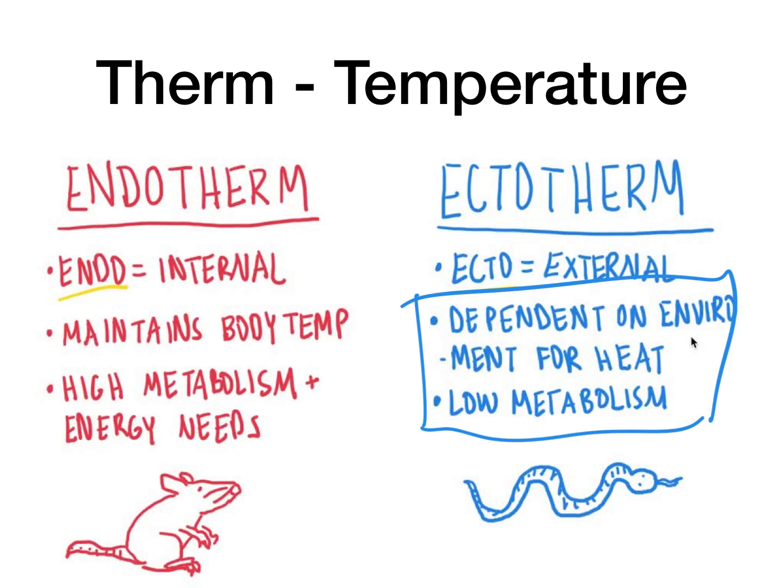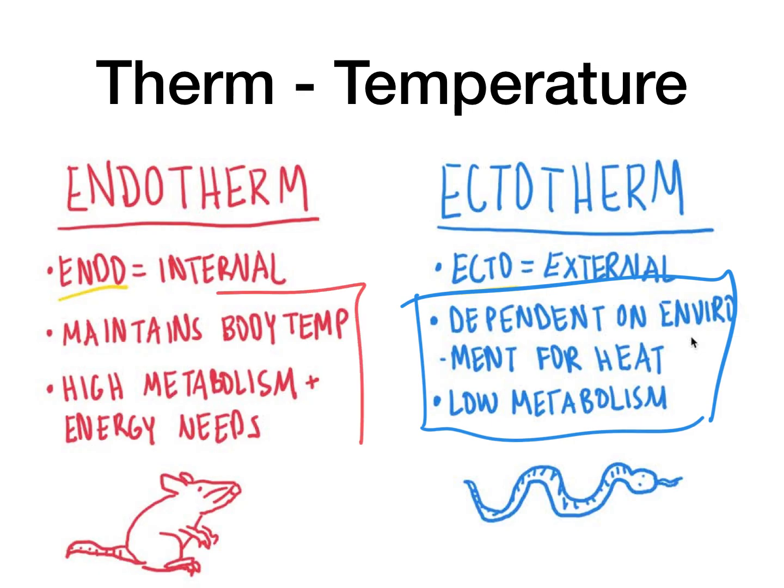You have a low metabolism, meaning you don't burn a lot of energy. You don't need a lot of calories. But you have to rely on the environment for your body temperature. So if you want to warm up, you've got to lay in the sun. And if you want to cool off, you've got to get out of the sun. You can't sweat. You can't shiver.